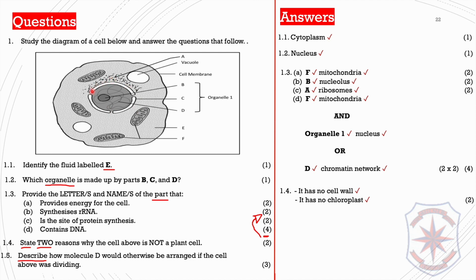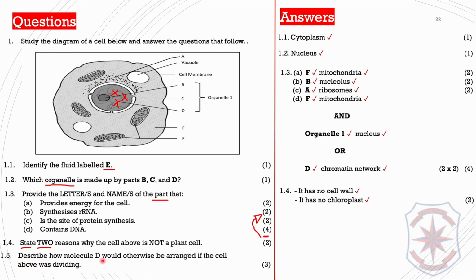When the cell is not dividing, when you examine the nucleus, its genetic material will be arranged as threads called the chromatin network. However, if the cell is dividing, this chromatin network will condense to form structures that are called chromosomes. So we would have seen chromosomes within the cell, and we would not see the chromatin network in the nucleus.